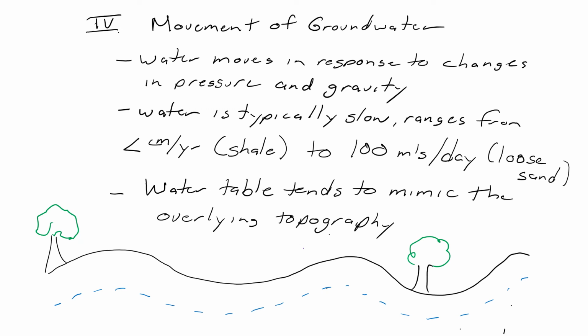If your area is flat and has no slope, the water table beneath will tend to be flat and probably have no slope. If you're on a steep slope, the water table beneath the ground is probably going to be steeply dipping as well. So whatever the surface is doing, the water table is going to follow it to some degree. It might not be perfect, but in general it's going to mimic what you have above it.